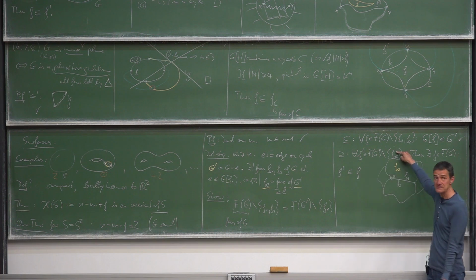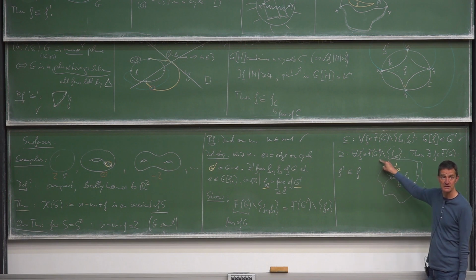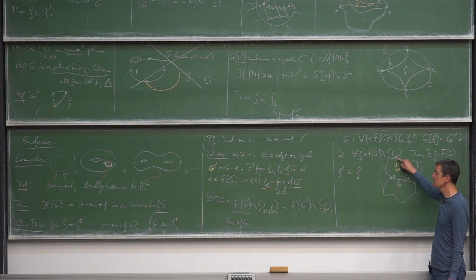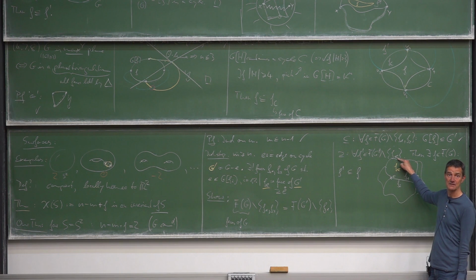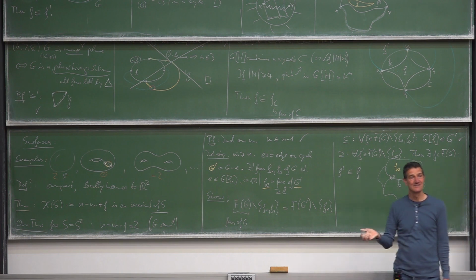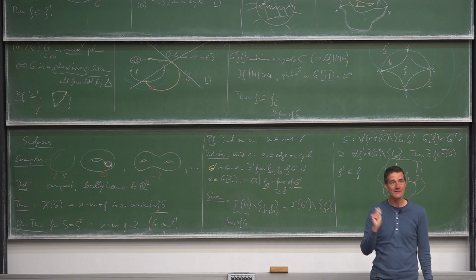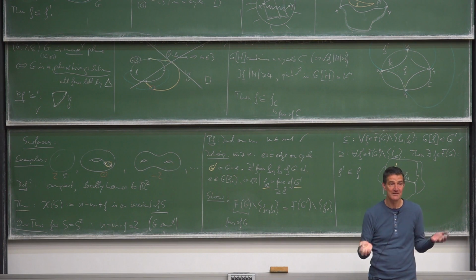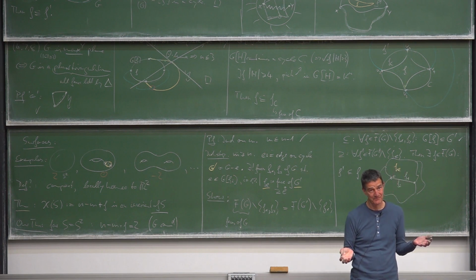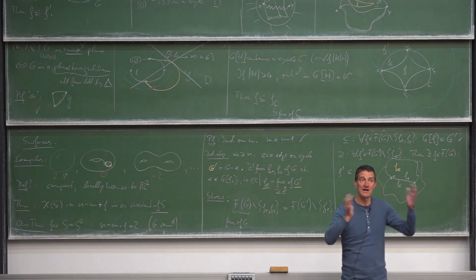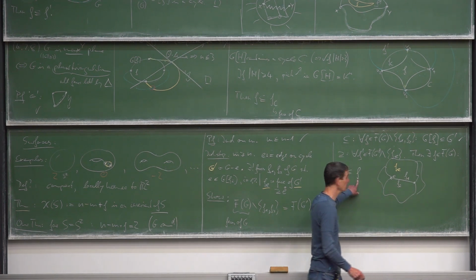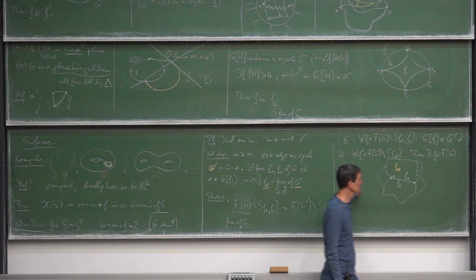This is a set of points of the plane that doesn't contain any point in G prime, and it doesn't contain any point of E, because only this face contains points of E. And a subset of the plane that contains no point of either G prime or E is a subset of the plane that avoids G. So it's part of some equivalence class of such points, and that's what I call F.